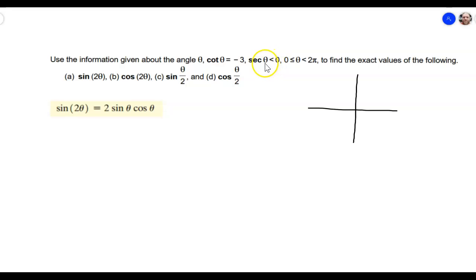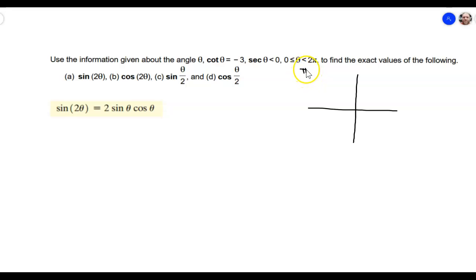It also gives me that the secant is negative because it's less than 0, and the secant has the same sign as the cosine, which corresponds with the x value. That is only negative in the second and third quadrants. So that means we're talking about the second quadrant.